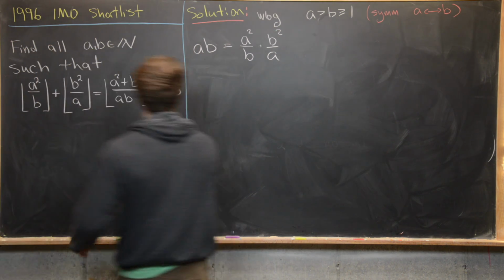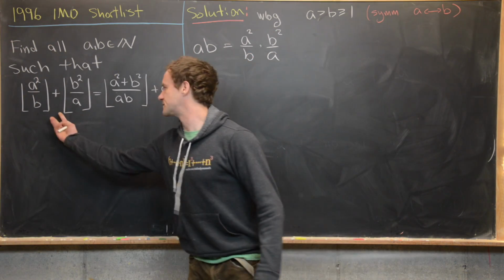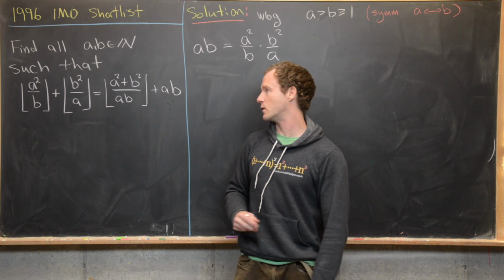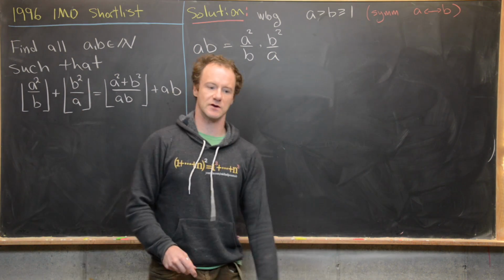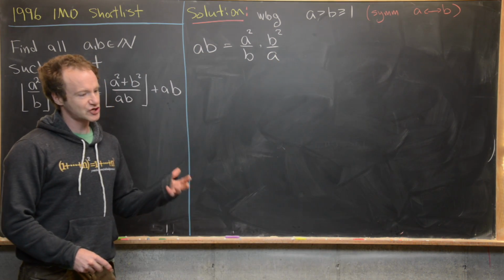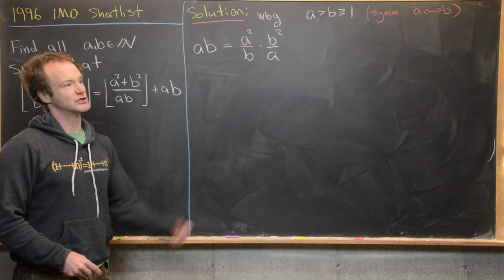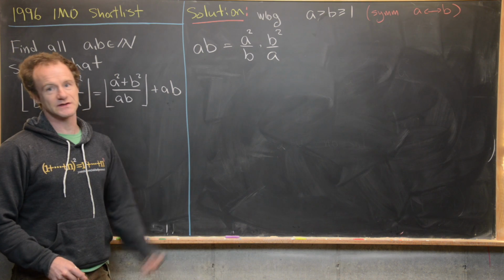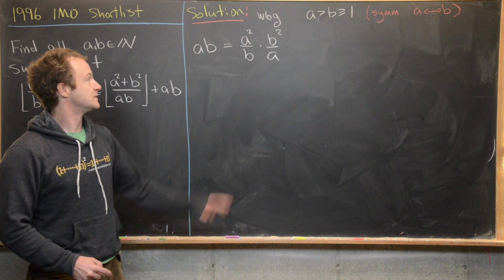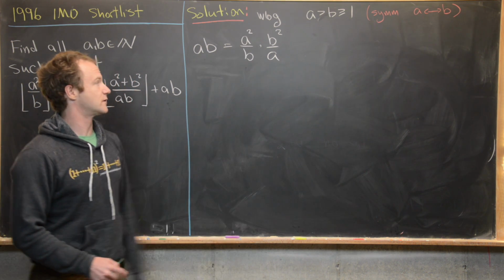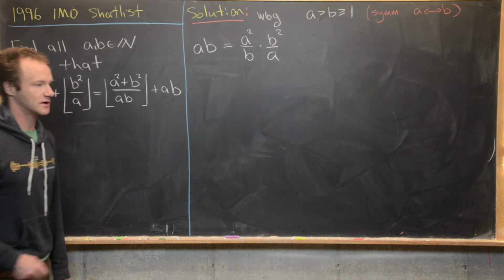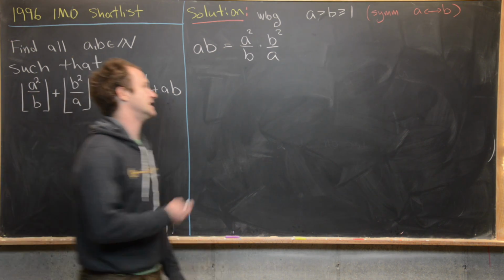Okay, but this doesn't have anything with the floor. Sure, we've written one part of the equation in terms of other pieces of the equation, but we've forgotten the floor function. But the floor function can only make things less than or equal to. Remember, it's an elevator downstairs to the closest integer. So that means we could include the floor function on each of these terms if we introduce an inequality.